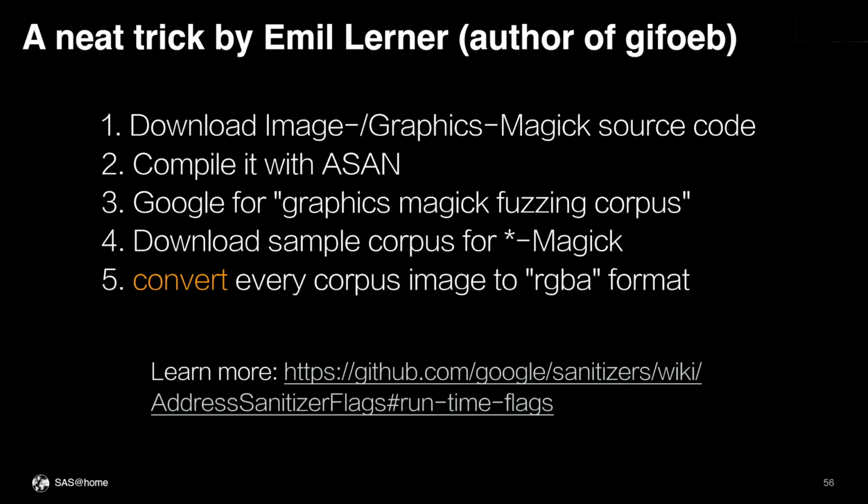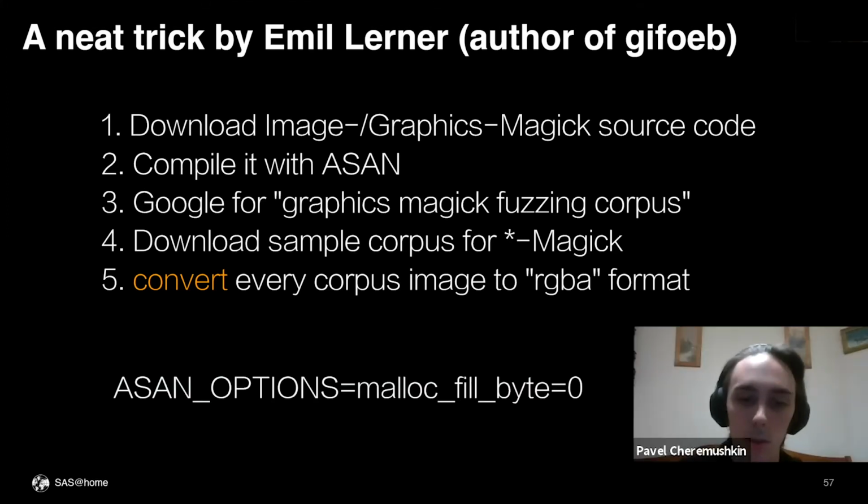So he used the convert tool, and you can read about the option that I will be describing right now by using this link. I will describe it in words for you.